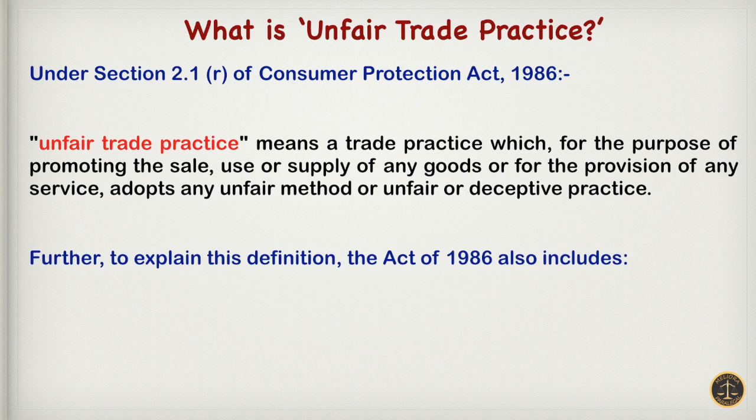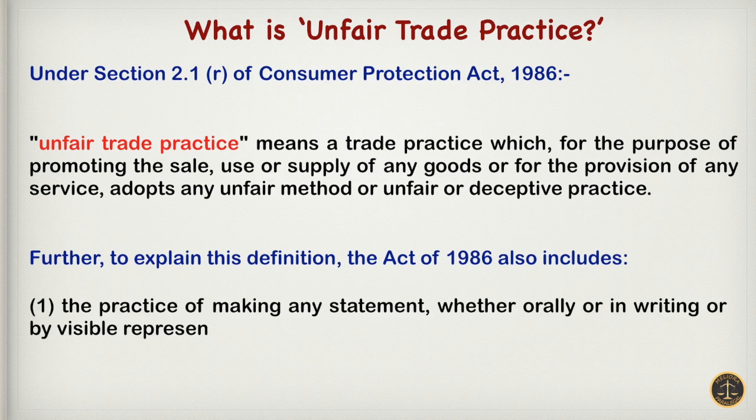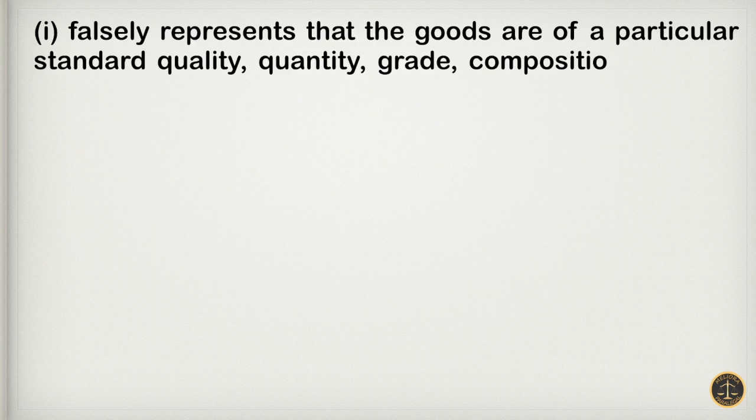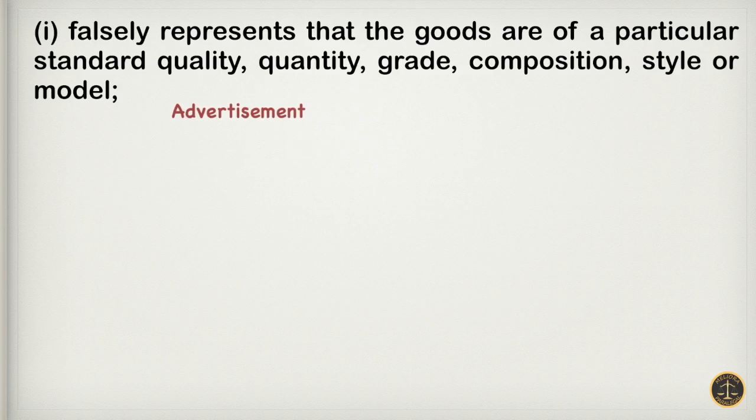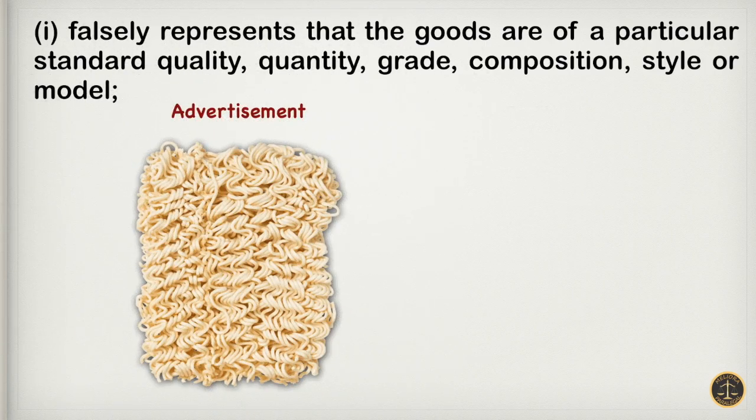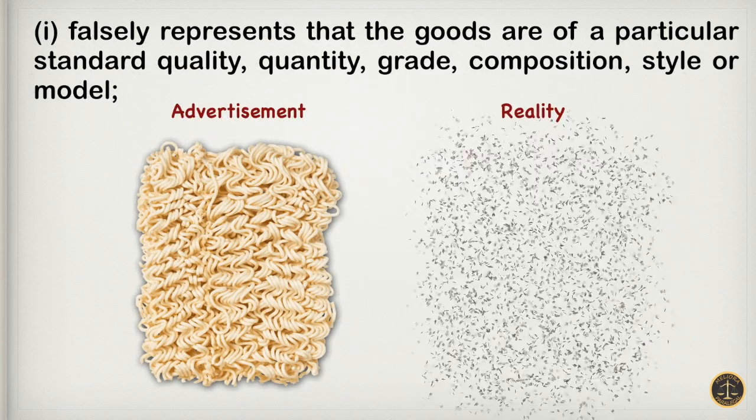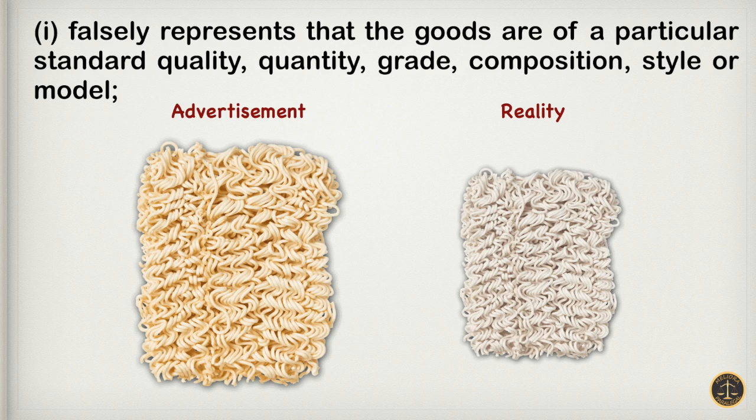Further, to explain this definition, the Act of 1986 also includes the practice of making any statement, whether orally or in writing or by visible representation, which falsely represents that the goods are of a particular standard, quality, quantity, grade, composition, style, or model.